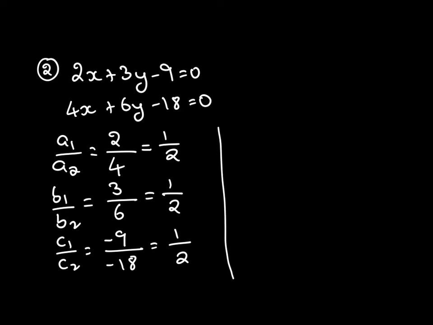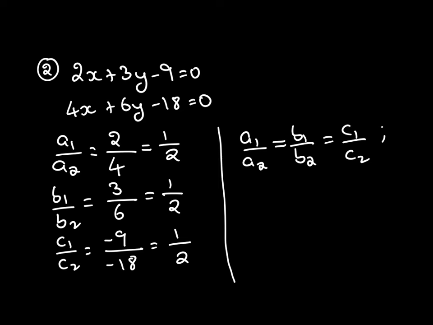Do you observe over here, a1 over a2 is equal to b1 over b2 equal to c1 over c2. So can you guess how many solutions will this pair of linear equations have? Right, it will have infinitely many solutions.